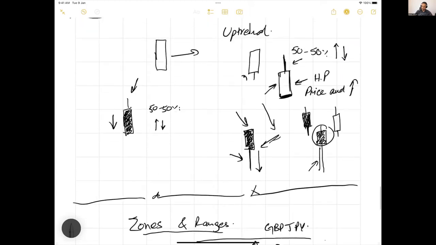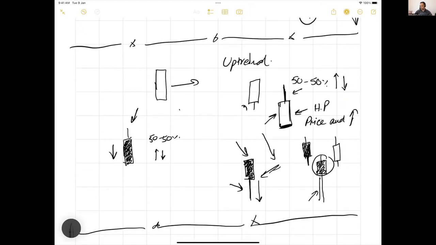When we were talking about a bullish candle that closes with no wick on the bottom and a bullish candle that closes with no wick on the top, this candle has a 50-50 chance of winning. But when you look at this candle, a bullish candle that closes with no wick on the bottom, it has, I would say, a 70% chance of winning versus a 30% chance of losing. That's something you're looking at all the time.